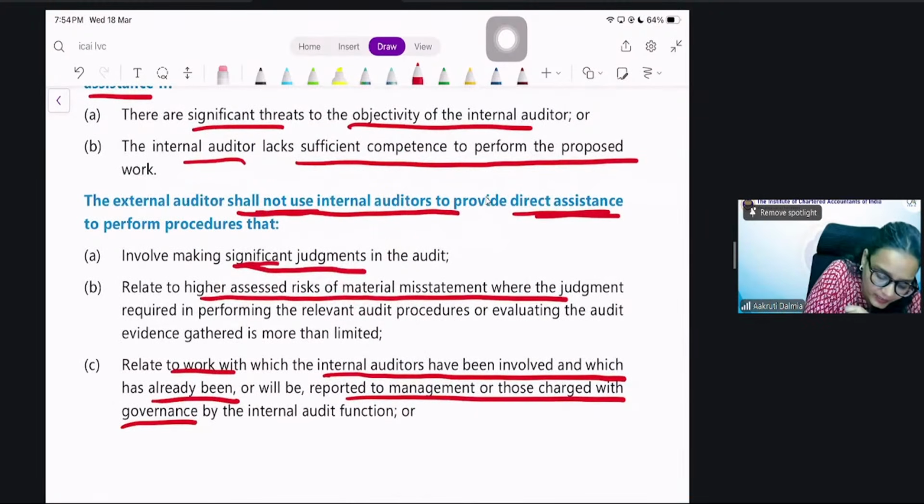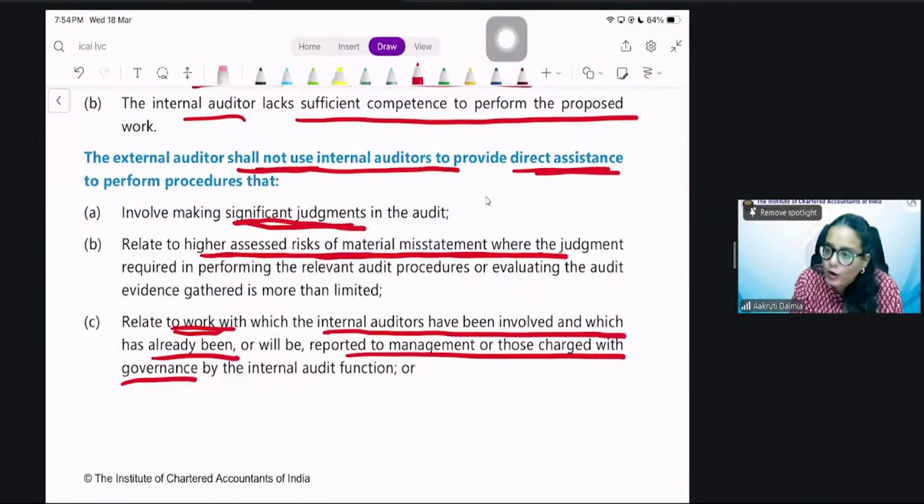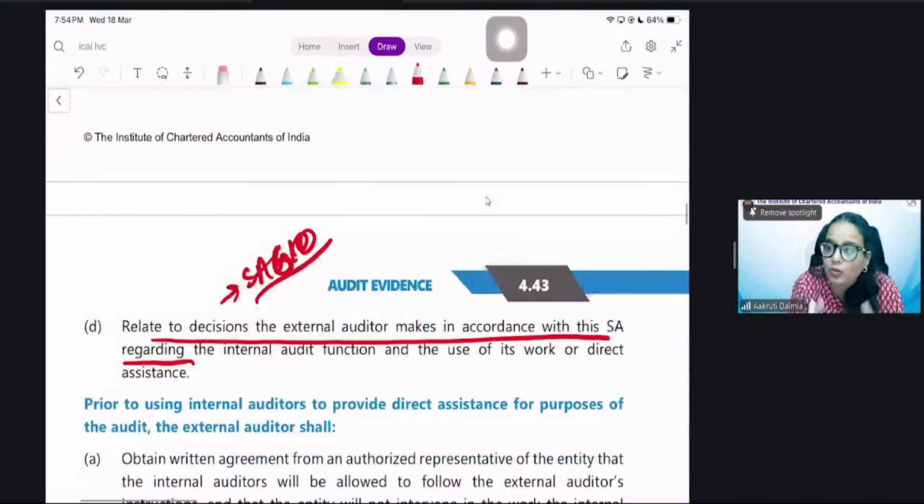First, if it is an area of significant judgment, don't take direct assistance. If it is related to a higher risk of material misstatement where a lot of judgment is involved, don't take direct assistance. If it relates to work that has already been verified by the internal auditor and reported to management and TCWG, don't take assistance. And if it relates to matters of SA 610, don't take direct assistance.